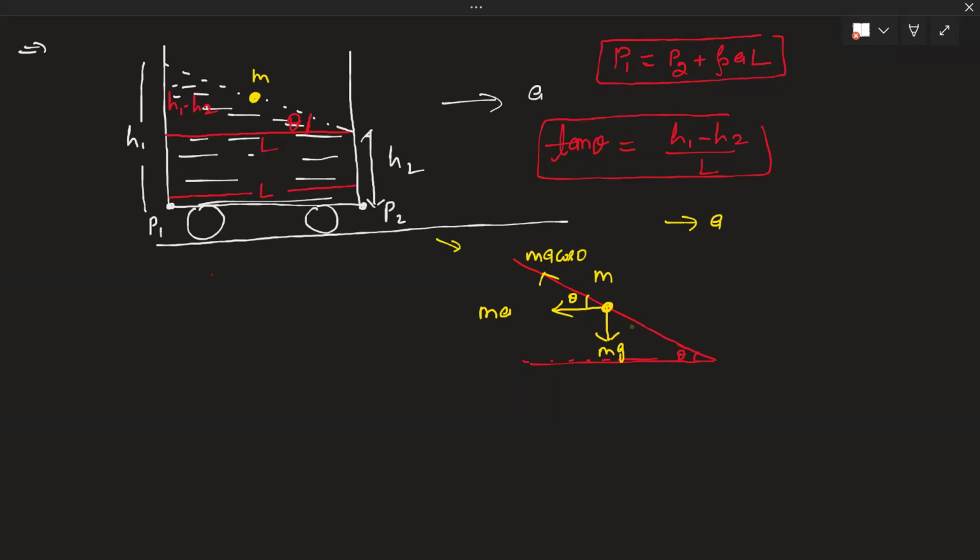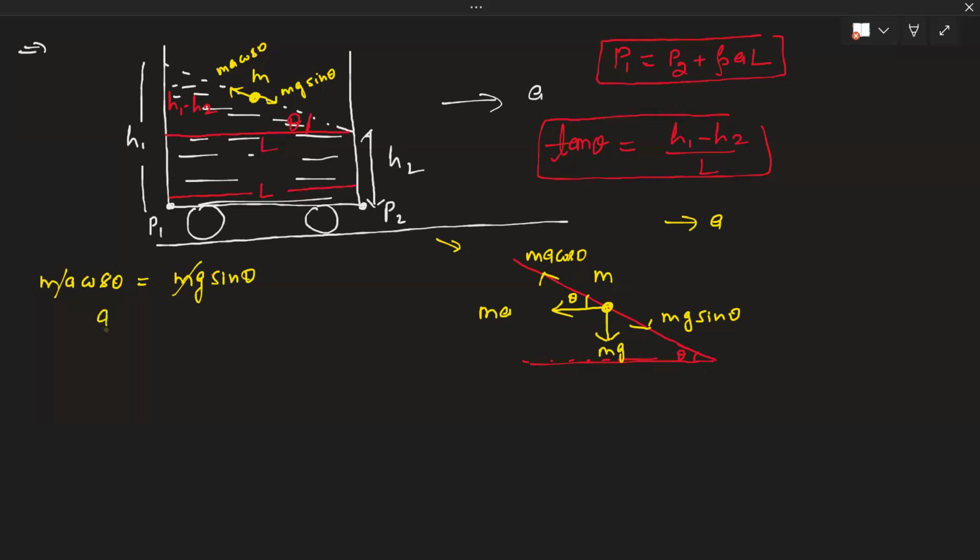And this side force will be mg sin theta. That means this m is acted upon by two forces. This force is ma cos theta, and down the plane is mg sin theta. So if I make both equal, because liquid is at equilibrium, liquid is not flowing inside the container, forces will be equal.